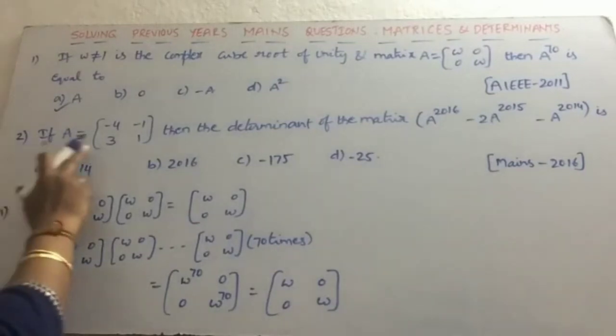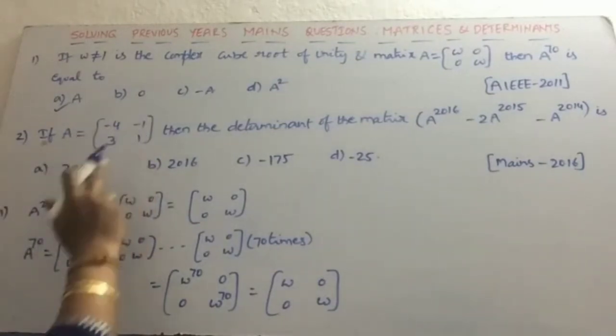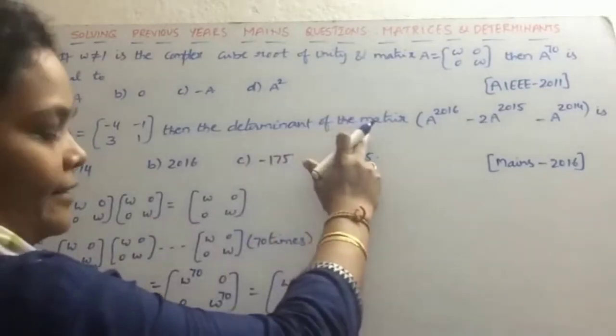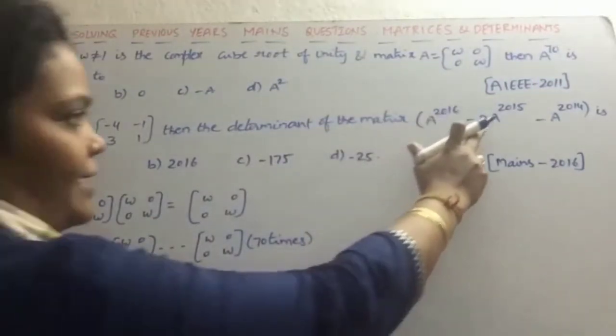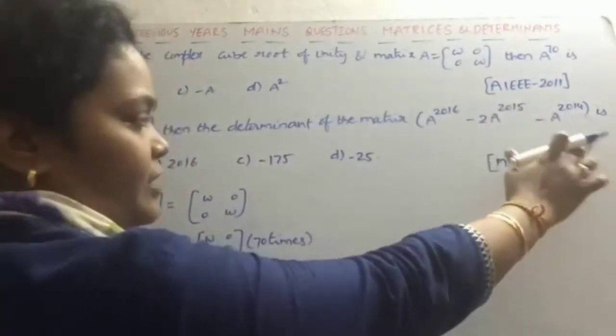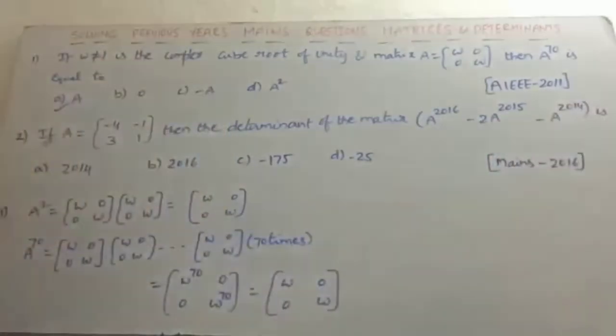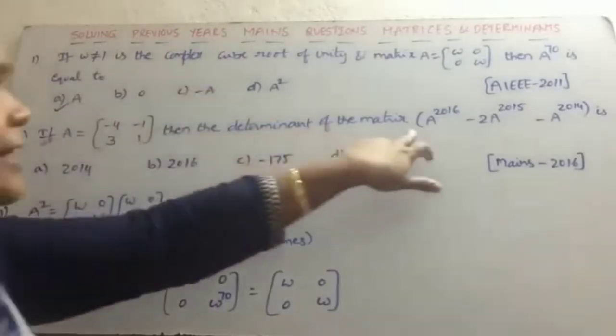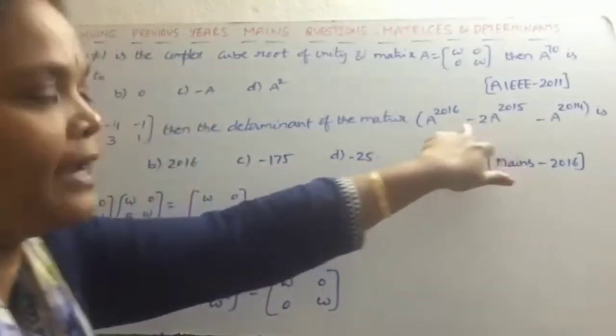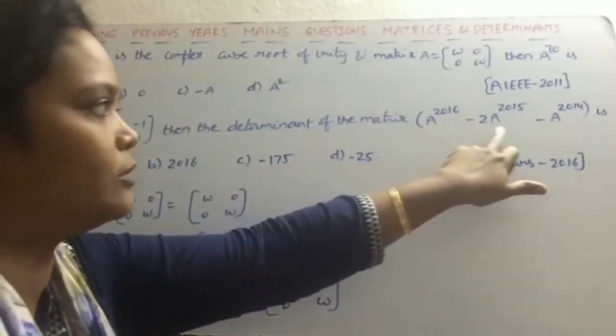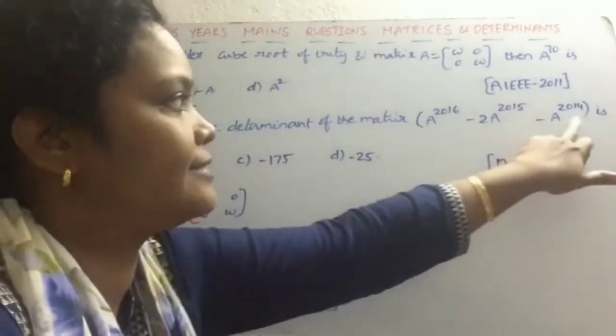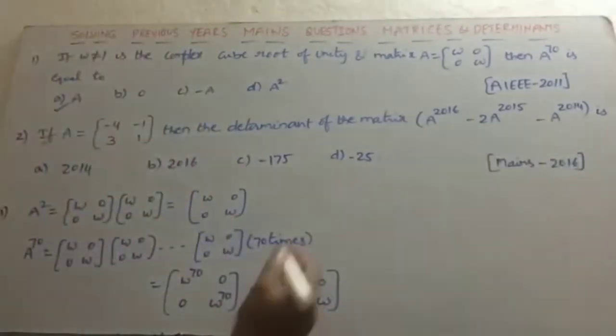And the next: if A equals minus 4, minus 1, 3, 1, then find the determinant of the matrix A power 2016 minus 2 into A power 2015 minus A power 2014. So now we will find the determinant value of this.